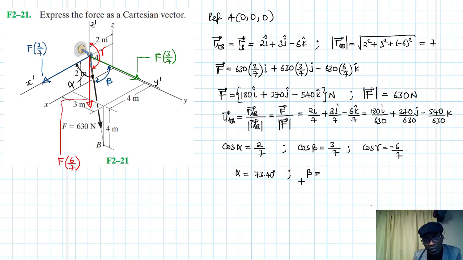Beta is just going to be equal to 3 divided by 7. Cos inverse of that gives us a 64.62, and then gamma is just going to be equal to minus 6 divided by 7. Cos inverse of that, we have a 148.997. So when we round it off, it just becomes 149.00 degrees.